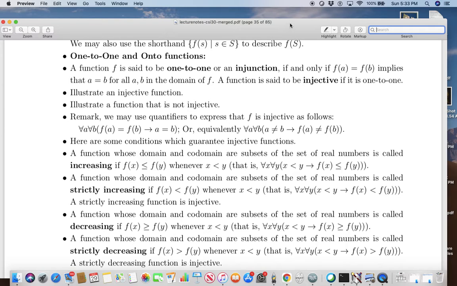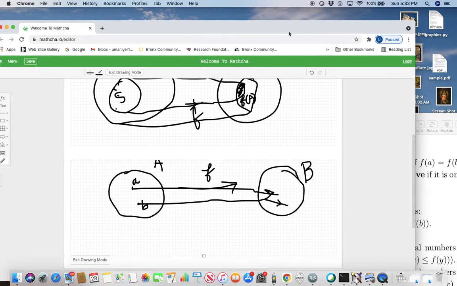A function that is not injective, well, you might be able to find somebody who goes to the same place as a. Then it is no longer injective. As long as every pair goes to distinct images, you are injective.